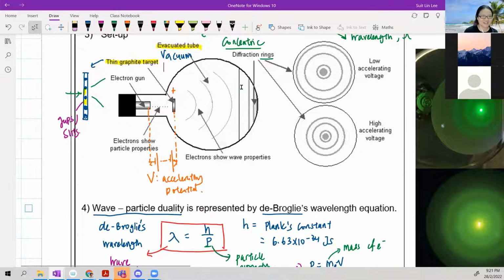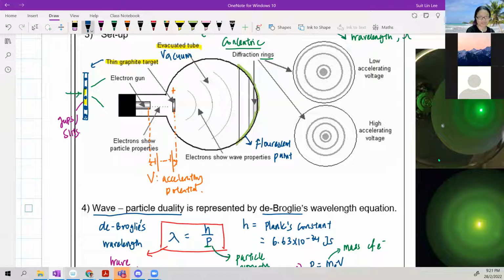Later we will observe diffraction rings, and normally when you see this green color, it means this side is painted with fluorescent paint. So here would be a fluorescent screen, so that when the electrons collide with it, it will glow green. Luminous.